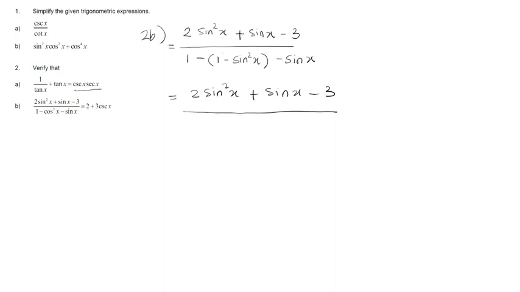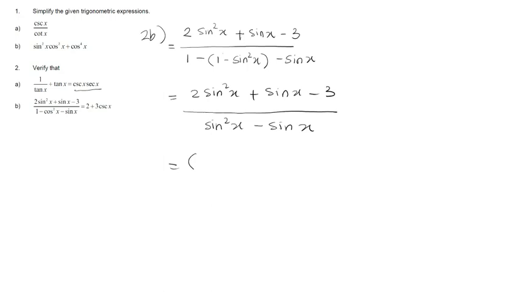If we simplify this, we get 1 minus 1, 0, and then plus sine squared x minus sine x. And then we can factor this. As you see, the numerator is actually 2 sine squared x plus sine x minus 3.